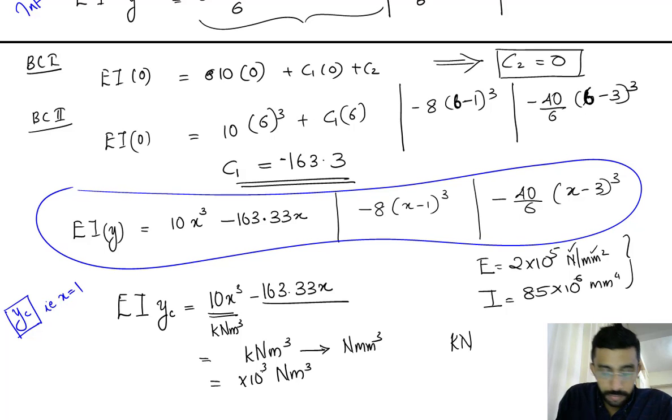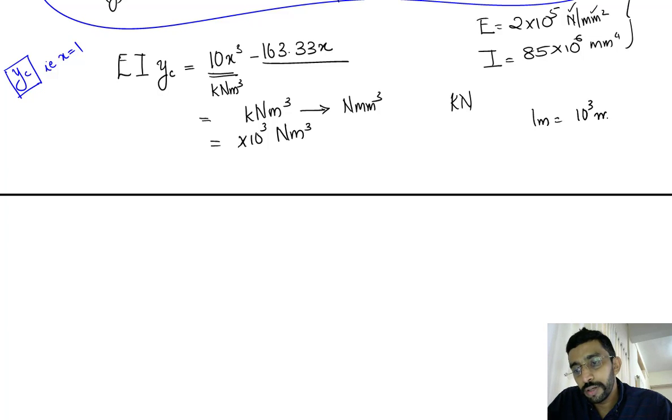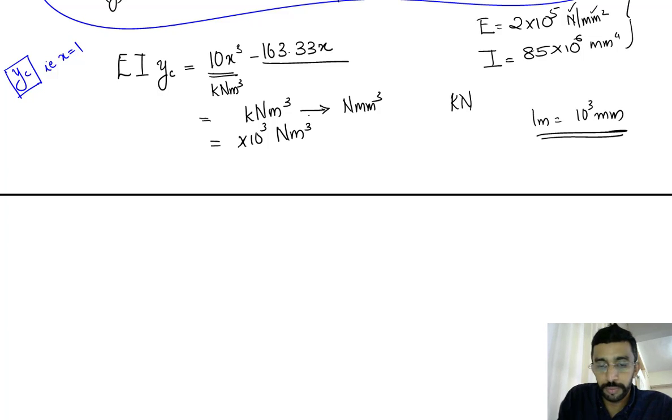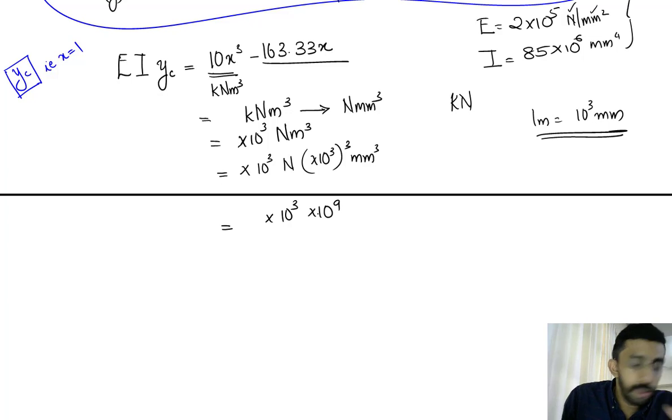Now we know that 1 meter is equal to 10 cube mm, right? So when we substitute it over here, I can say 10 cube Newton into 10 cube the whole cube mm, which is 10 power 3 into 10 power 9, altogether 10 power 12.